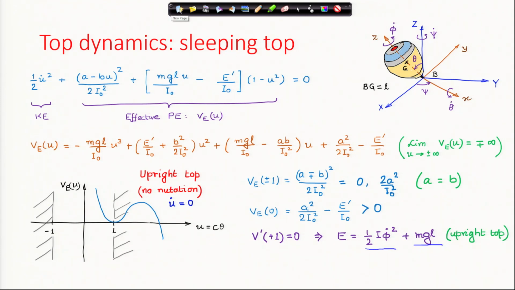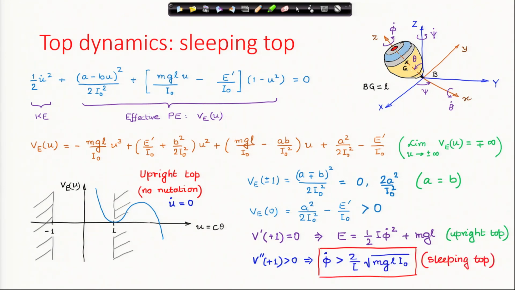What else do I observe from this curve? We also observe that the curvature of this curve, the double derivative of the effective potential energy function at +1, is positive. If I use that, and this detail again I leave to you, you can show that the spin angular rate must be greater than a quantity which is shown here, and this condition of the top is known as the sleeping top.